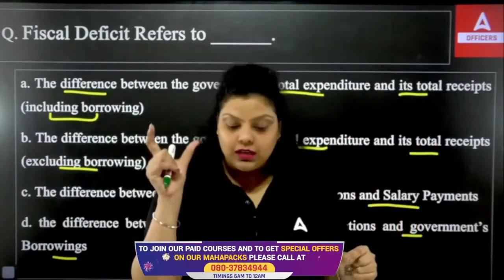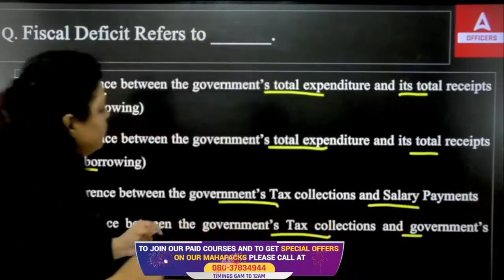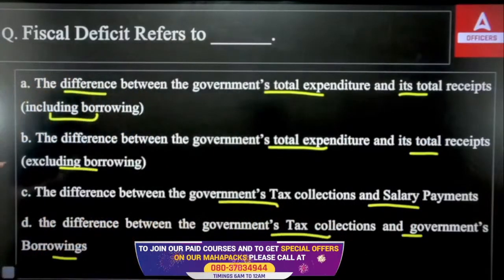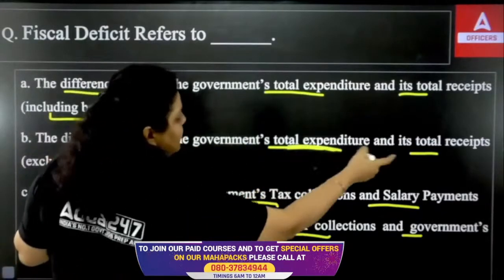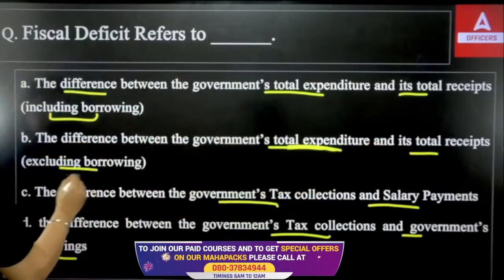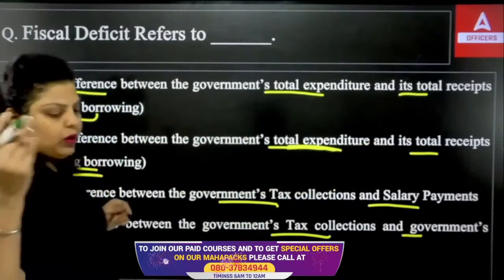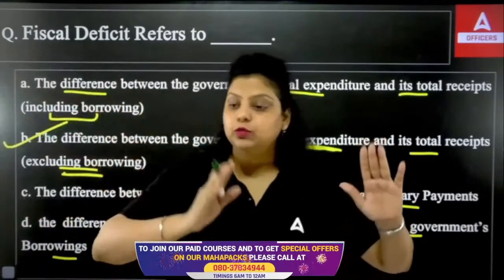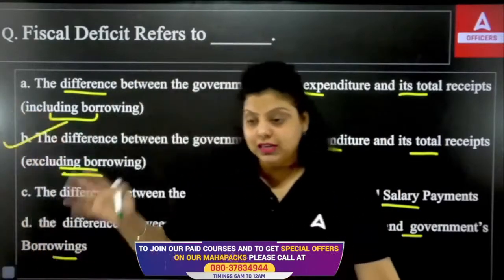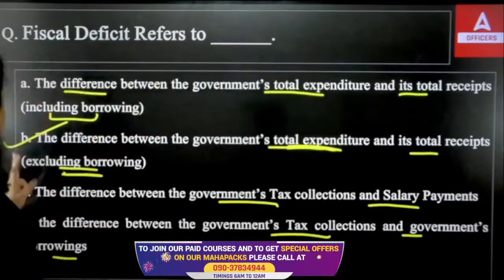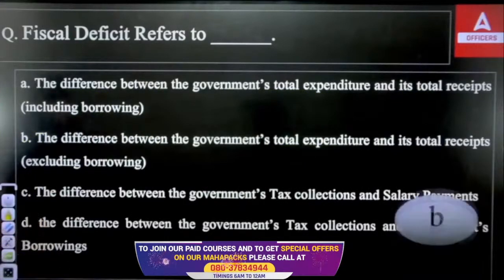That is known as budgetary deficit. When we talk about fiscal deficit, it is the difference between government's total expenditure and total receipts, excluding borrowing. Whatever loss happened, the total expenditure was more than the total revenue. After that, the government has borrowed money, so that creates the fiscal deficit. The right answer is option B.